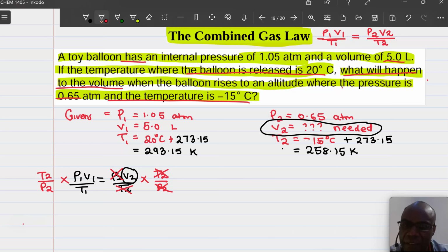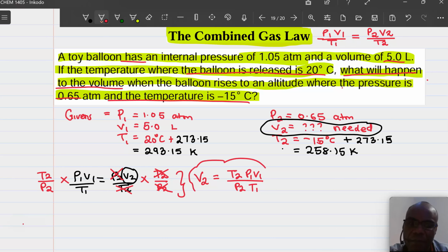Here nothing is cancelling. So my V2 will be equal to T2 over P2 multiplied by the other factors, P1 V1 over T1. Now I can find my V2 just by plugging in the numbers.